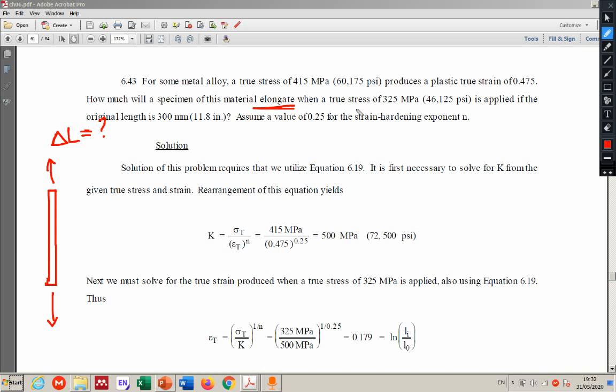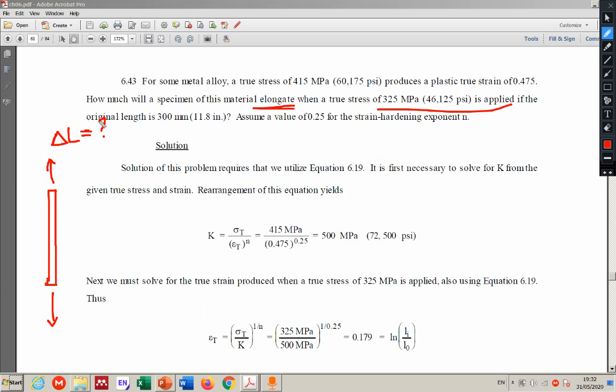So we say when a true stress of 325 megapascal is applied, we want to find how much deformation this true stress makes on this specimen. Now we need some information.